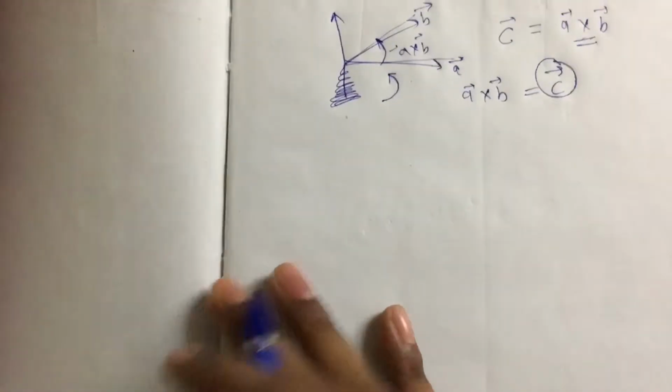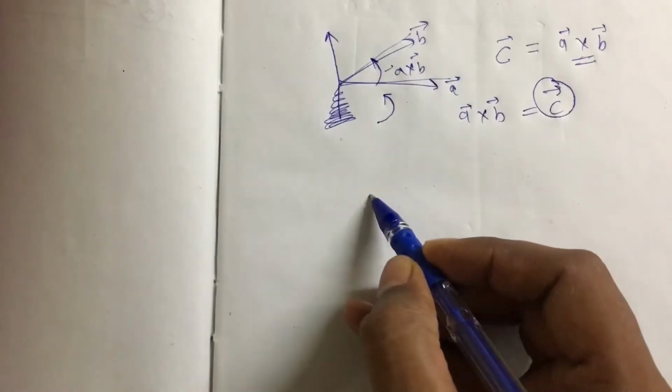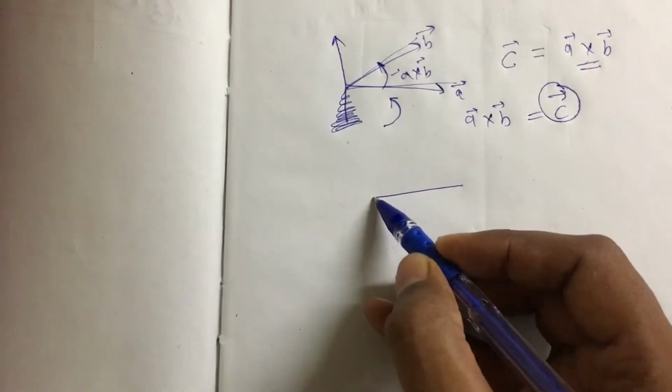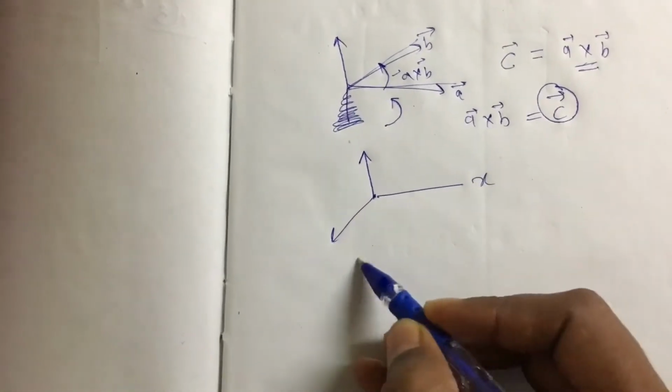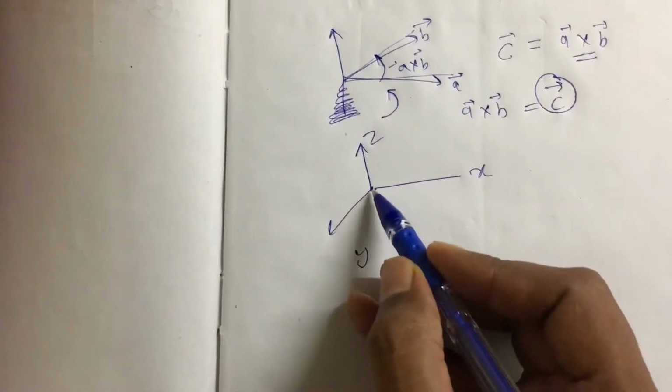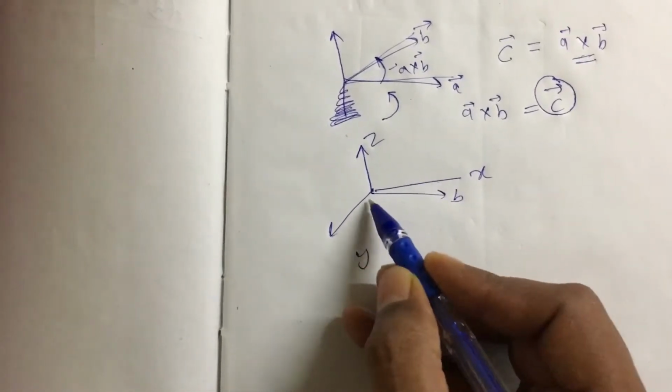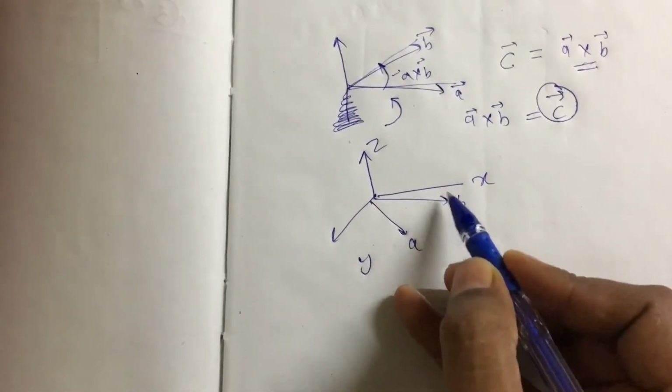So you can consider this like, suppose you have an x-axis, y-axis and z-axis. So this is x, this is y and this is z. So in this plane you have vector B and you have vector A. So this is a plane, right?